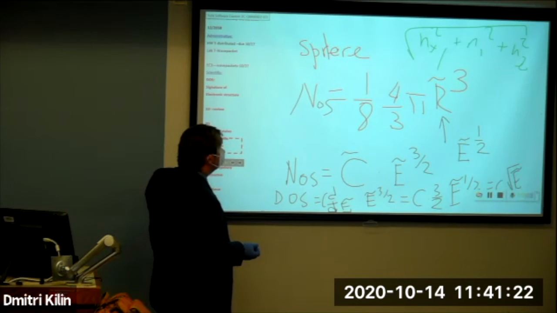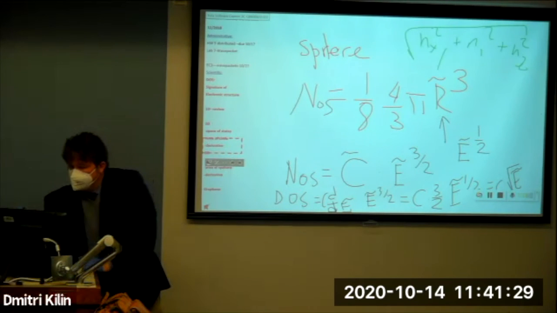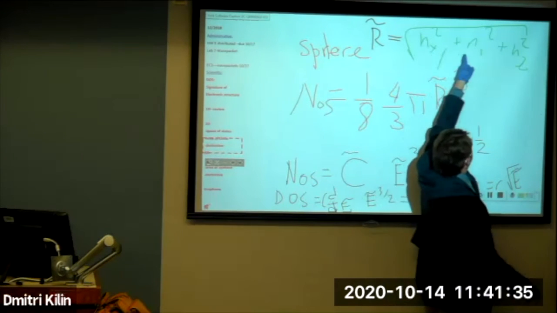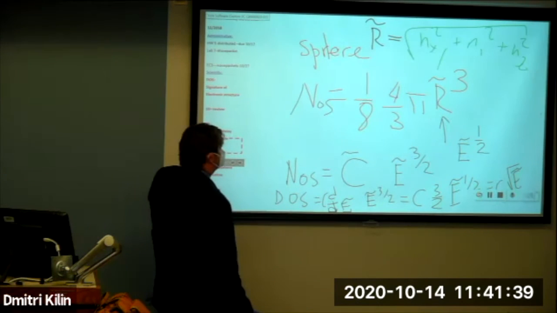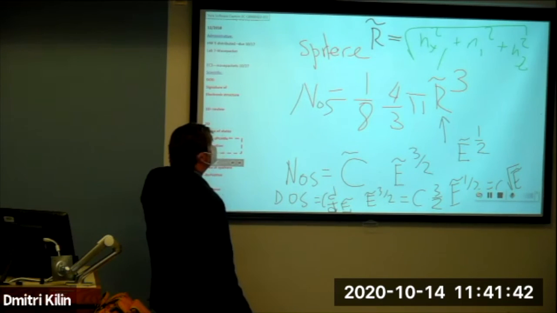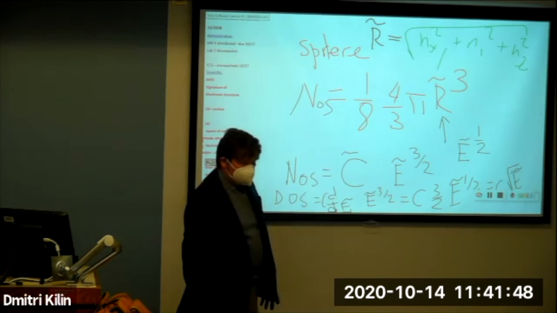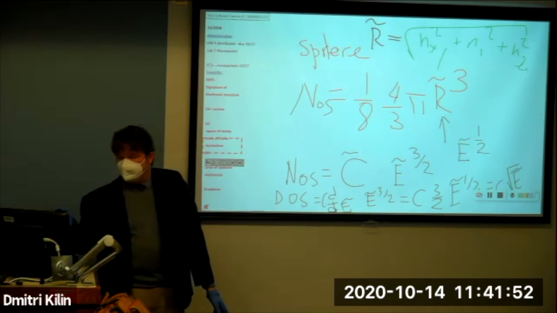The radius will be, again, the same story. It will be x squared and y squared and z squared. And radius squared does correspond to energy, just by our rule of particle in the box.